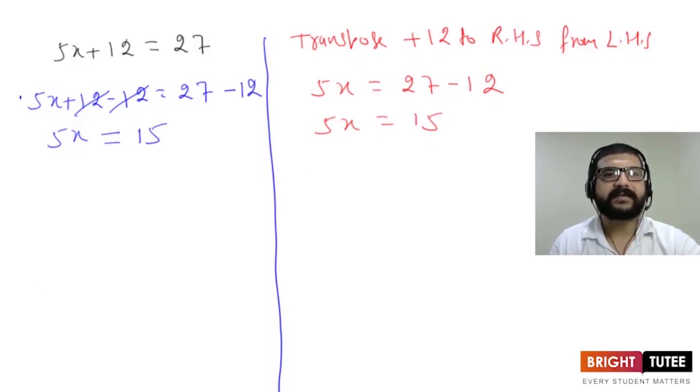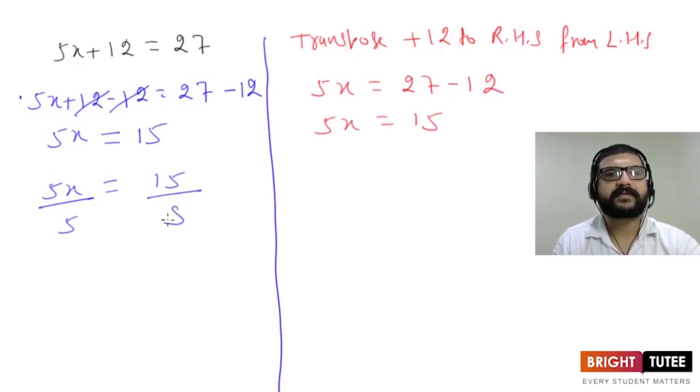Now to find the value of x, what we can do, we can divide both the sides by 5. So we will get 5x divided by 5 is equal to 15 divided by 5. So we divided both the sides with 5 here. Now by simplifying this, we will get x is equal to 3.